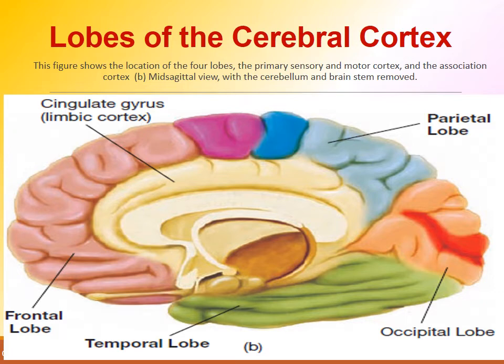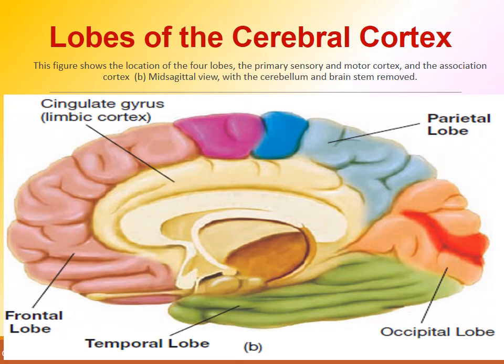The occipital lobe is situated at the back of our brain, closer to the parietal and temporal lobes. As you can see from this view, they are situated near to each other but in different locations.